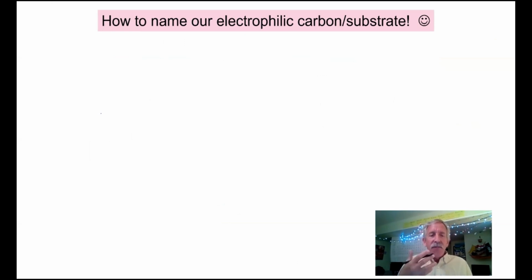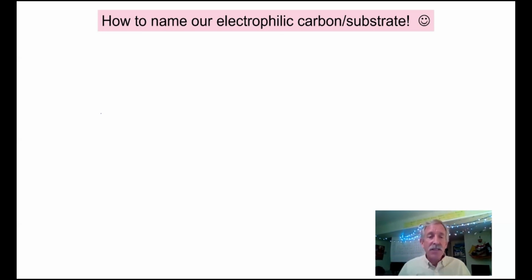So before we can start talking about that electrophilic carbon, it'd be great if we could give it a name. Sorry, a little nomenclature here, but just saying, oh, that carbon over there, that thingamabob over there, doesn't really work when we're trying to speak orgo.